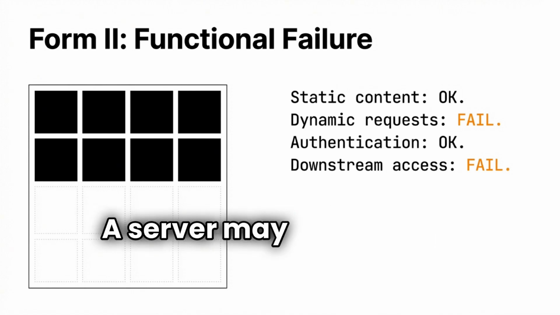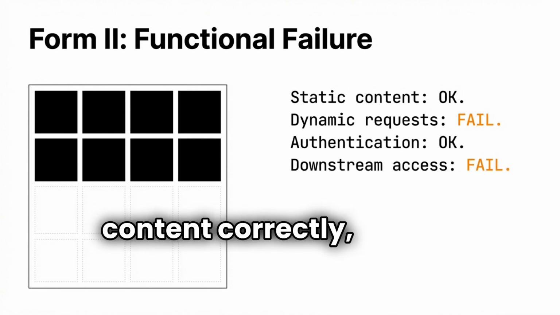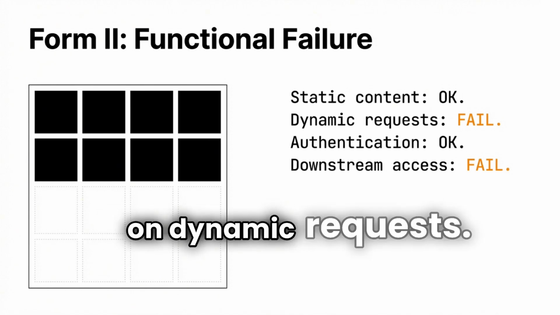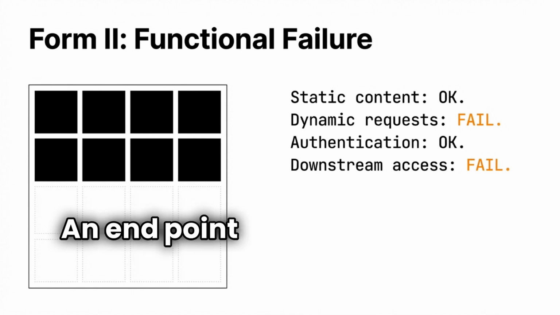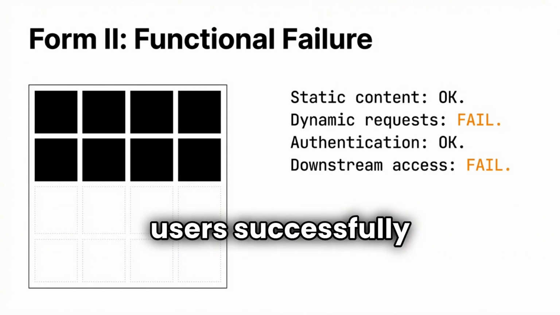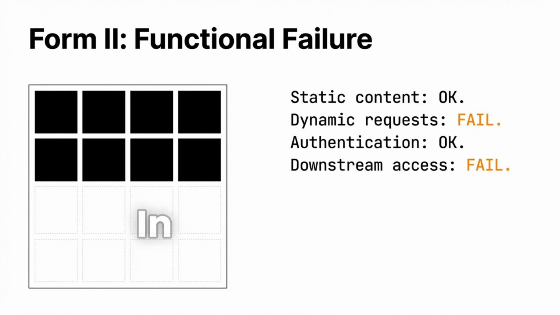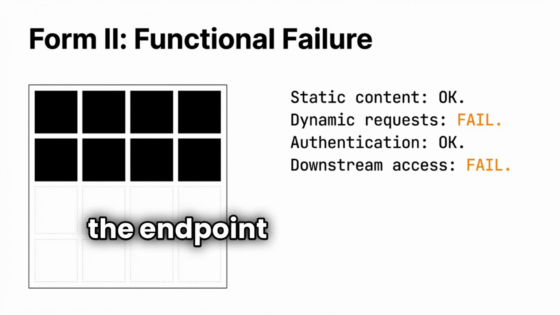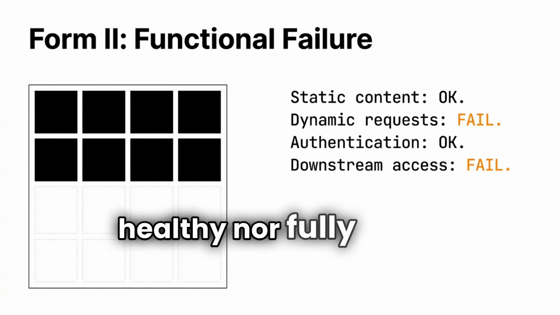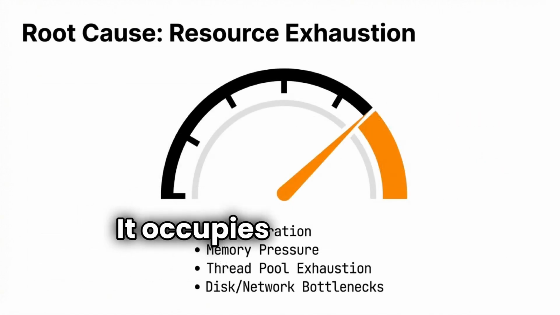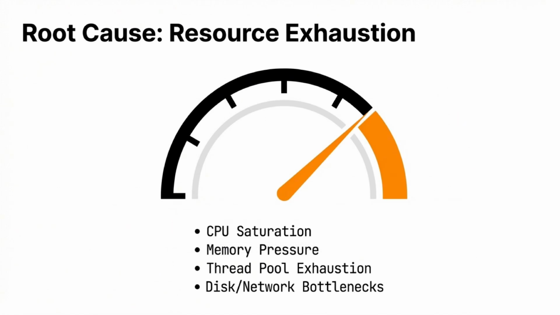A server may serve static content correctly, but fail on dynamic requests. An endpoint may authenticate users successfully, but fail when accessing downstream services. In these cases, the endpoint is neither fully healthy nor fully failed. It occupies an unstable middle state.